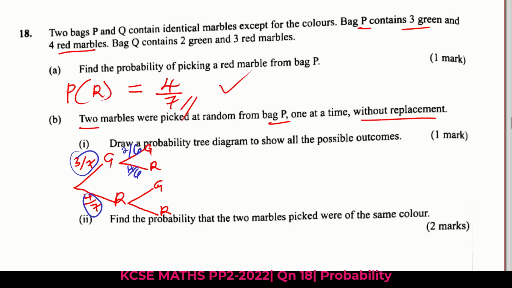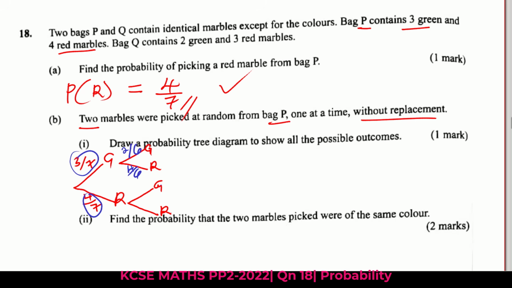All the same, in this branch, they have green. When you pick a red, the reds are 4. So the probability for that branch will be 4 divided by the total, because you are picking from a bag that contained 7. So the moment you pick 1, you do not have 7, you have 6. For the other branch here, where you have red, you're picking green.